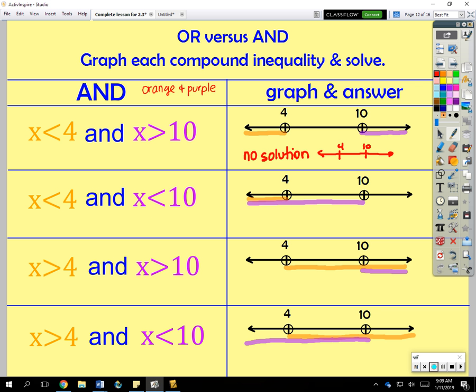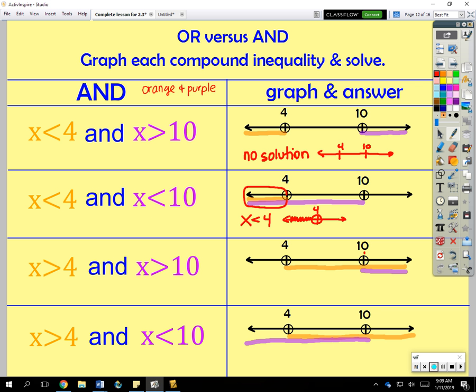Now on the second one, I see that the only place both orange and purple are shaded is in here. So that would be for x is less than 4. Or if they give you the graphical answer, it would just be this. That's the only place I see orange and purple both.